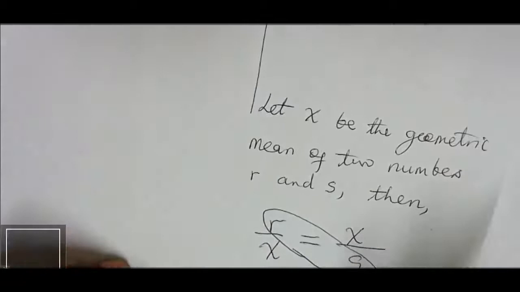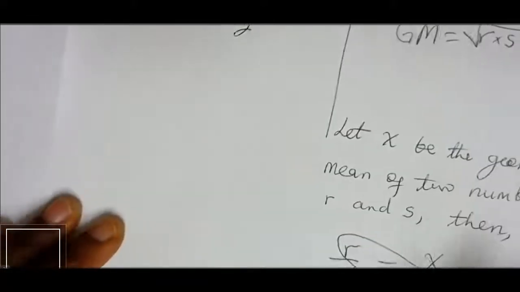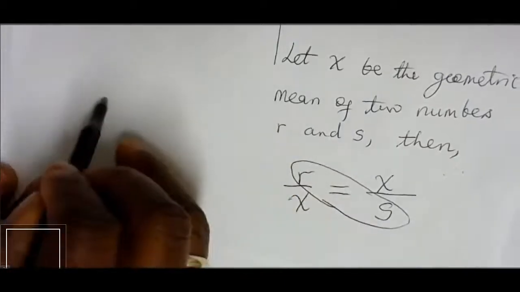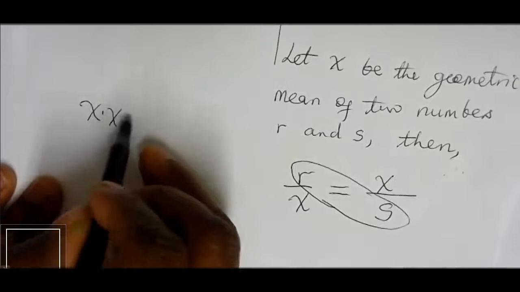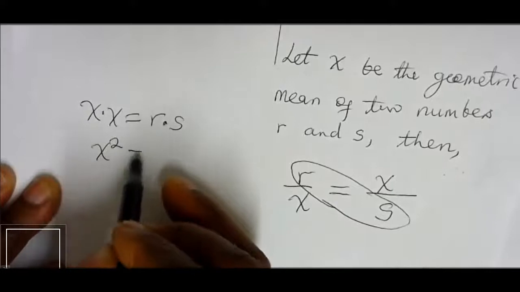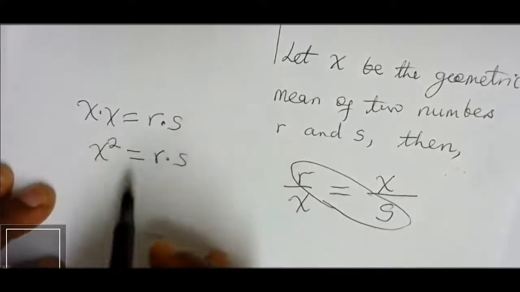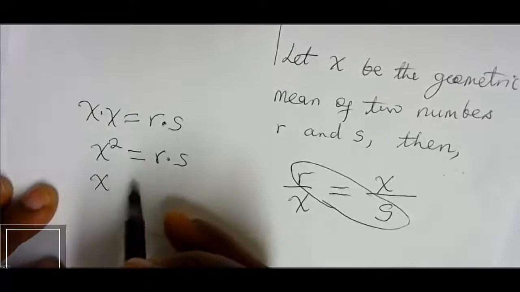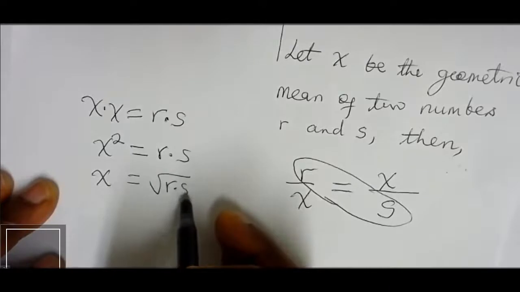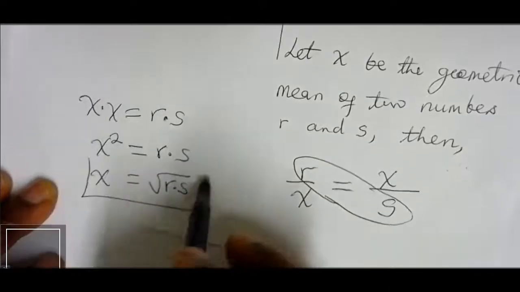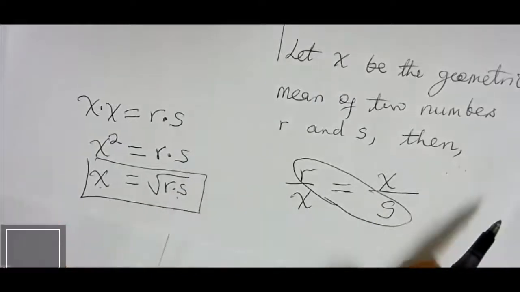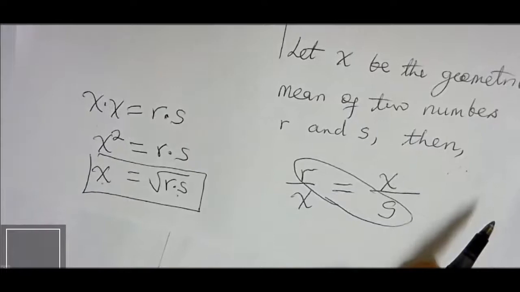So x times x is going to be r times s. x times x is x squared, which is r times s. If you take the square root of both sides, then x becomes the square root of r times s. And that's the geometric mean. You take the square root of those two numbers. Okay? So you can use this to solve problems.